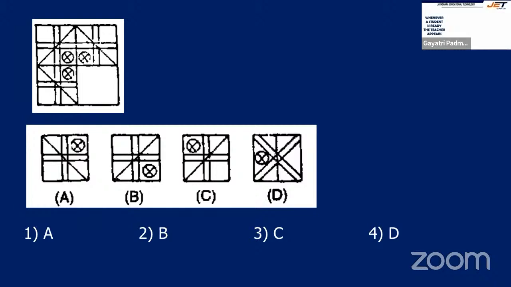Now which figure would suit in this? Is it option A, option B, option C, or option D? It's actually simple if you draw and practice this. See, one second, let me connect my pen. So here you have one circle, right?